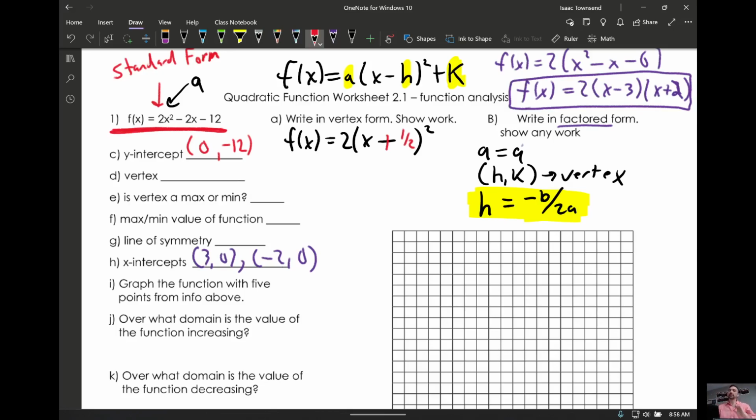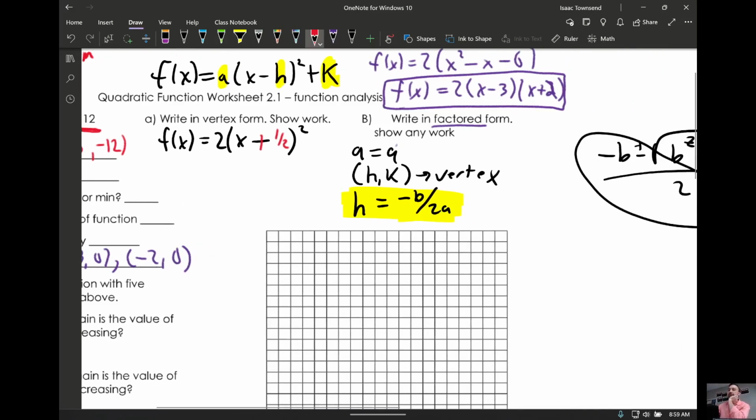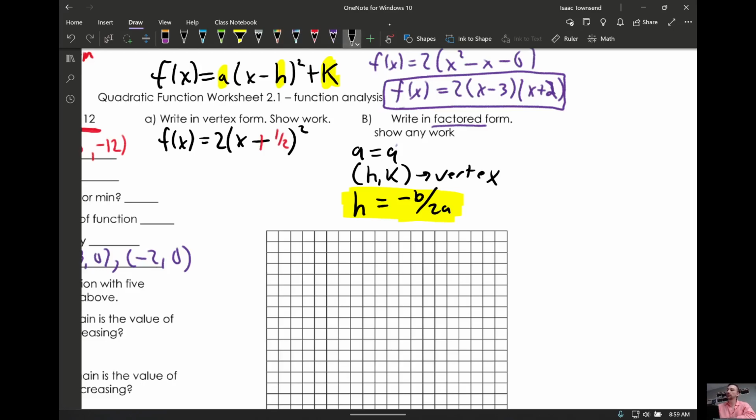And then for K, the y value of the vertex, well, that's going to come about like any other point. If you want to know the y value of a point, you should plug in the x value. So we got negative 1/2. You need to plug the x value into the function and solve for y.